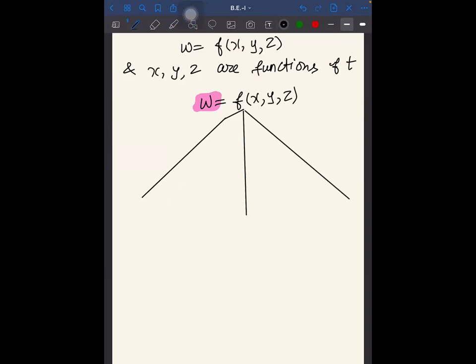These three branches end at points X, Y, and Z, and they are the intermediate variables. And this is your dependent variable. Finally you have the independent variable.